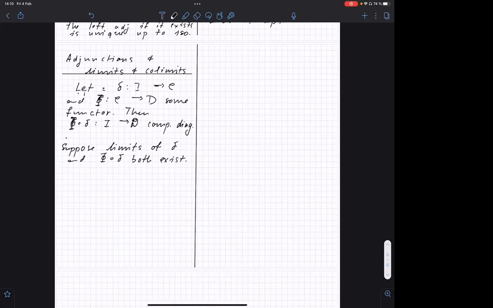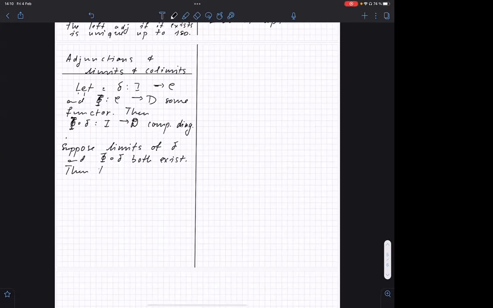Then I would like to compare the limit of delta, and then apply phi to that, to the limit of phi delta. And remember what a limit was by definition. It was an object that you know how to map into.